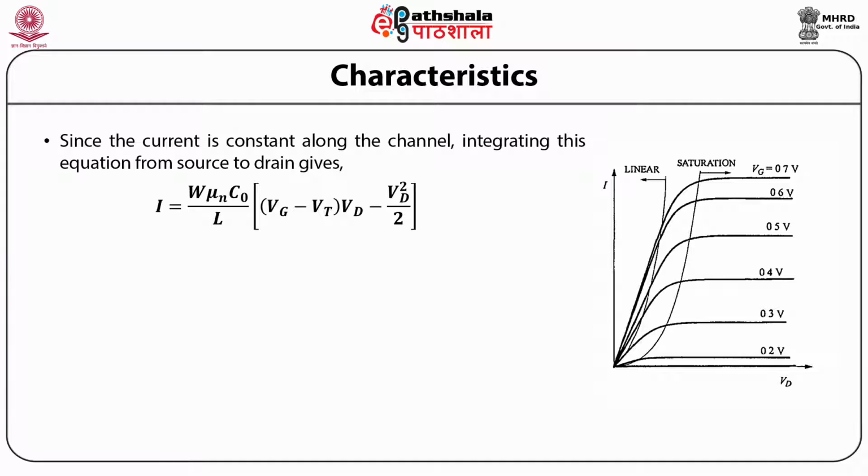Vd square by 2. Now the variation between the current versus Vd is shown in this figure.